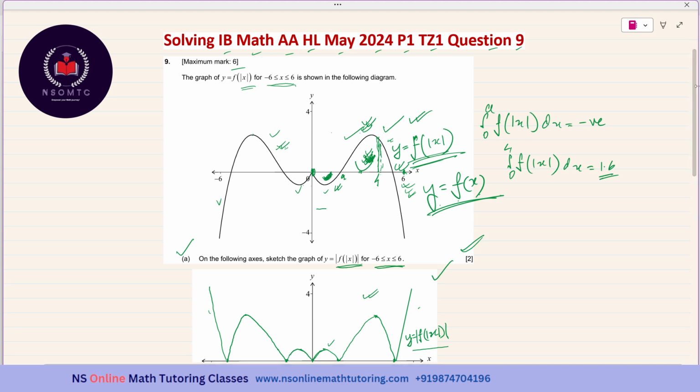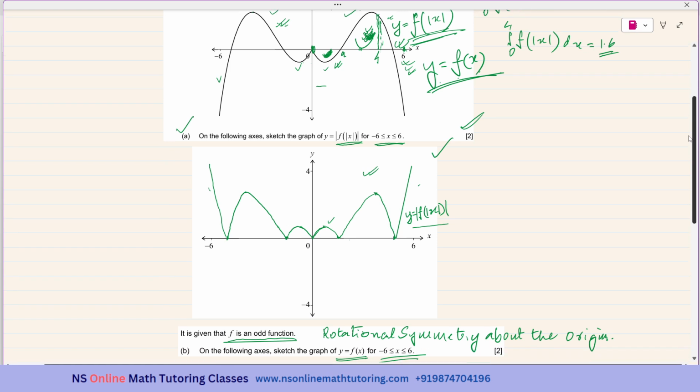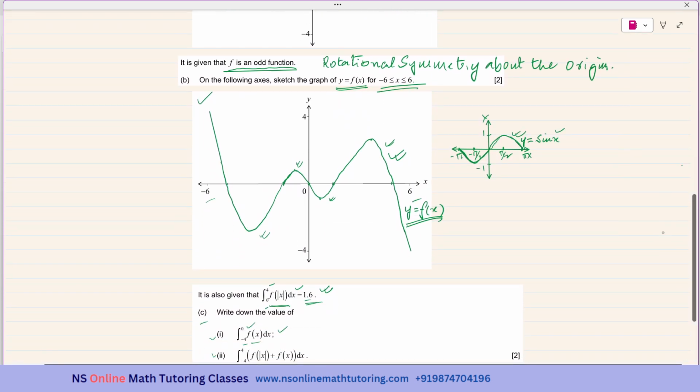Now let us move to the f of x graph. This is the f of x function graph, and now the limits are from -4 to 0. Again, this is -6, so maybe this is -3, so maybe this is -4, so it will be this. This is -4.